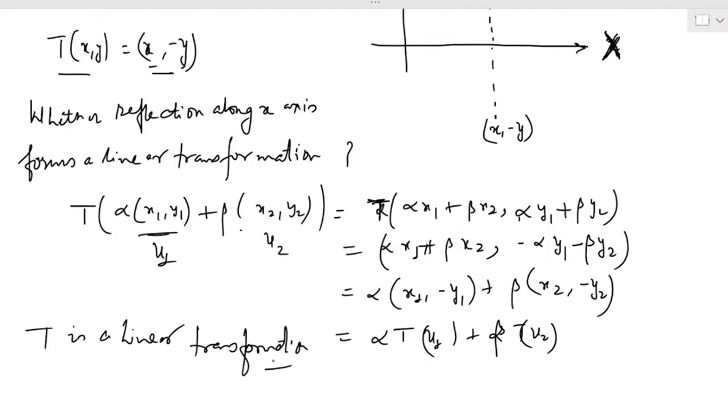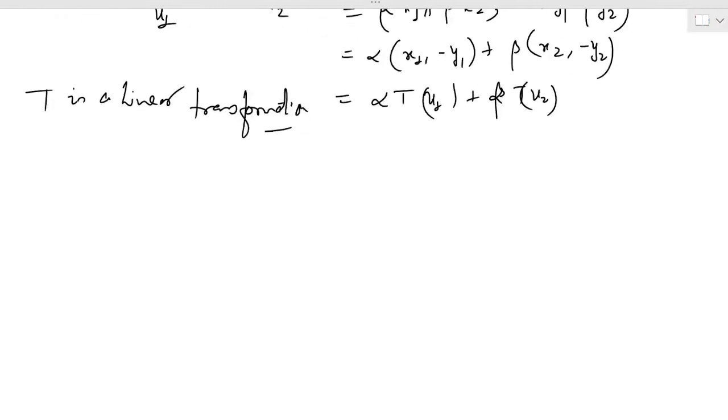Okay, now let us say another case where you want to translate something. Let us say that I want to translate something by a constant vector, a constant non-zero vector.